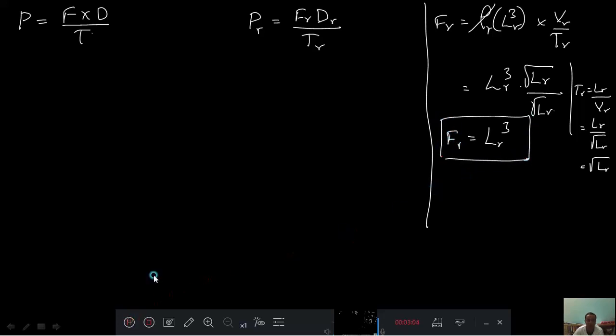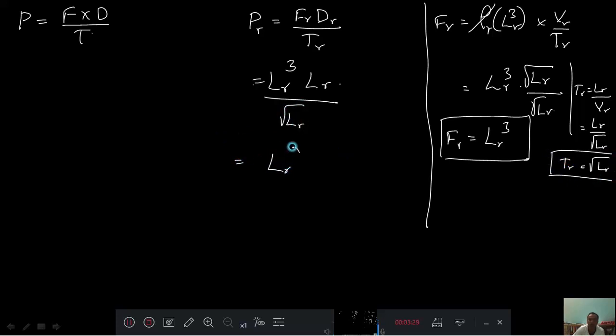Right? Here FR means LR cube, and DR, distance, means length, that is LR, into time ratio. Time ratio is root LR, therefore divided by root LR.